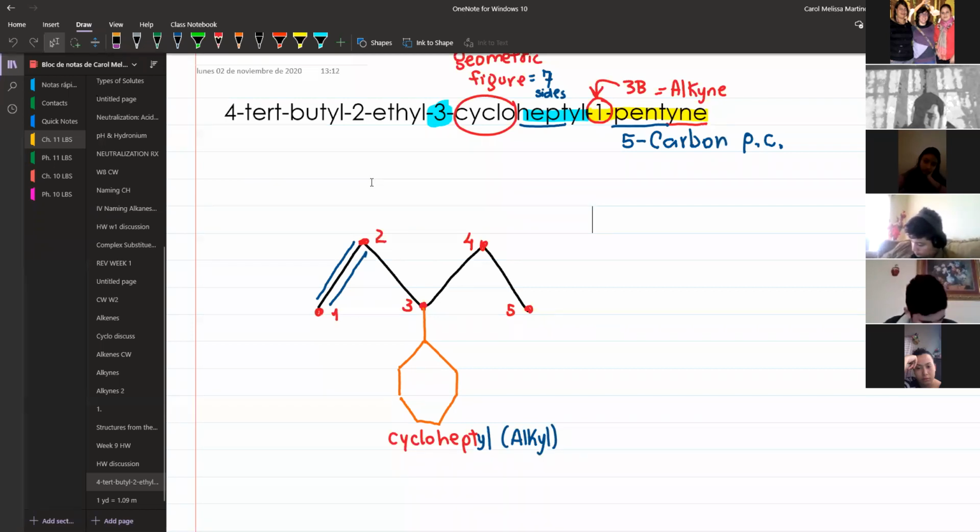So remember, cycloheptyl, because it ends in YL, represents an alkyl. If it is an alkyl, it means that it is attached to the parent chain. Now, what else do I have here? And 2-ethyl. In the position 2, I have located ethyl.